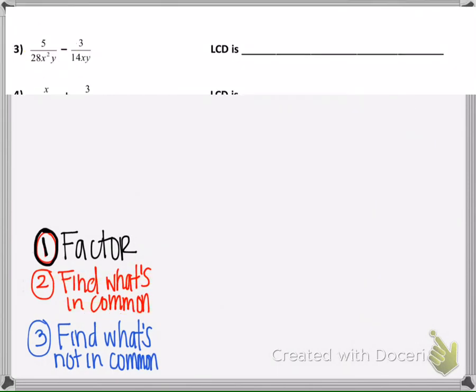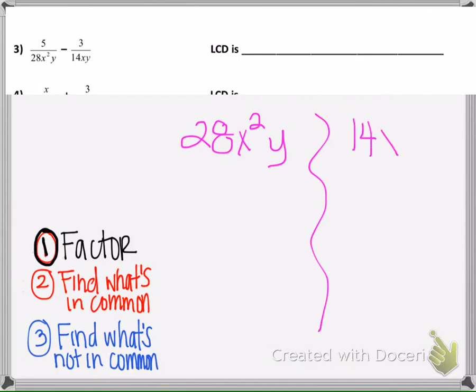Let's check out another one here. Here we have 28x squared y, and we have 14xy. So we need to think of the smallest number that 28 can go into and 14 can go into.